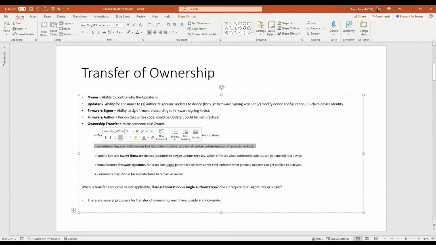The next question is, when is transfer of ownership applicable versus not applicable? And this gets into maybe double clicking on the dual signature versus single signature requirements, and the microcode case, I think, is the only known exception right there.